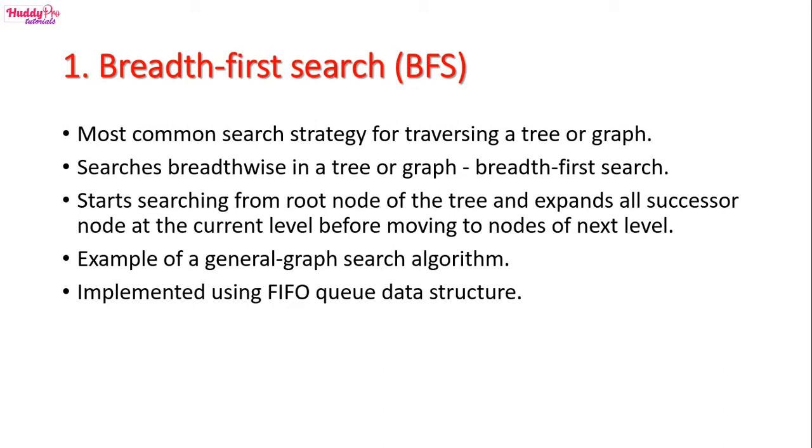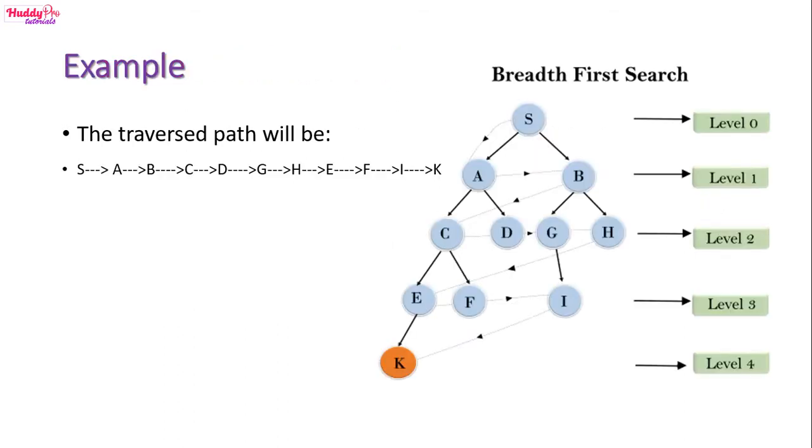Breadth first search algorithm starts searching from the root node of the tree and expands all successor nodes at the current level before moving to the nodes of the next level. The breadth first search algorithm is an example of a general graph search algorithm. Breadth first search is implemented using the first in first out queue data structure. That's the FIFO.